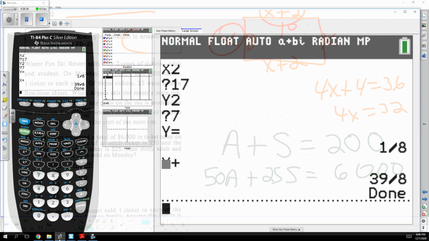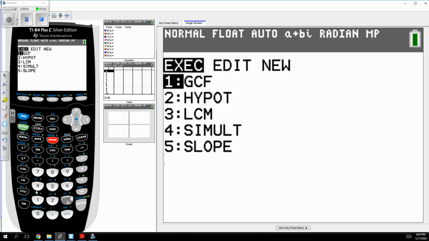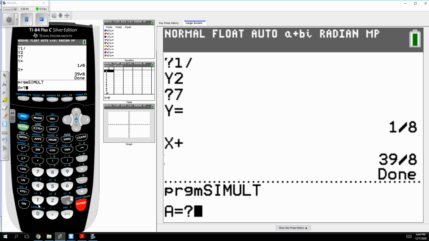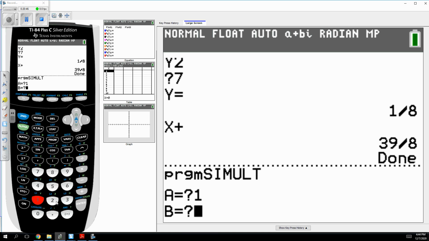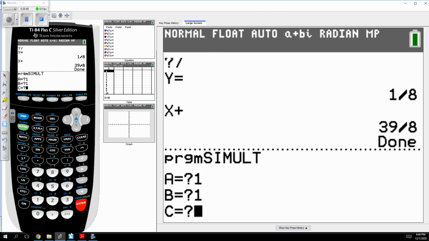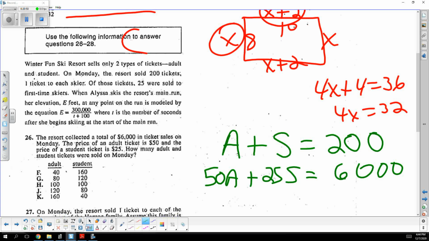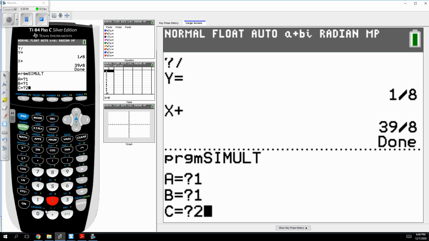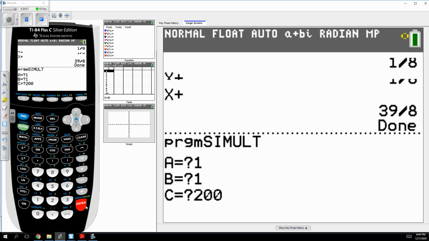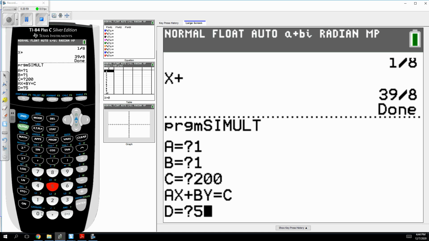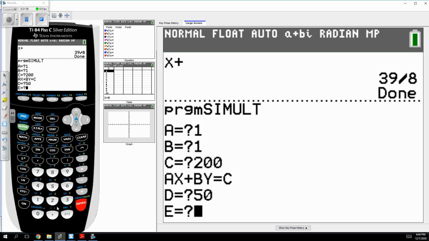Then you run the simul, which I have in here, and all you do is hit the coefficients. 1, 1, 200, 50, 25, and 6,000.